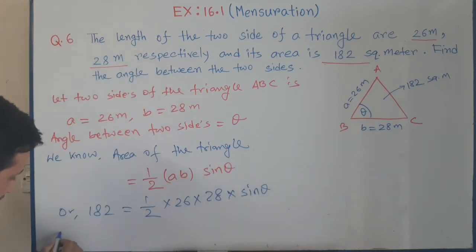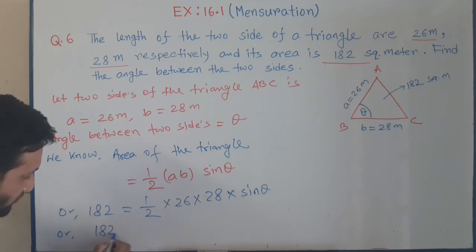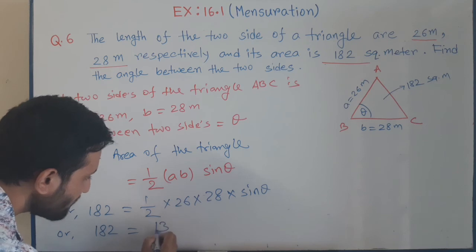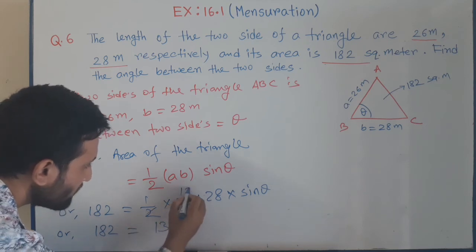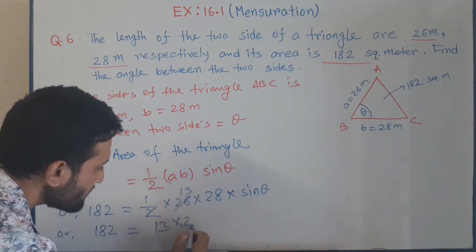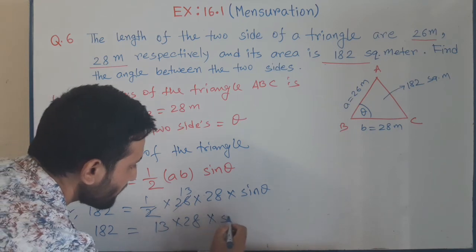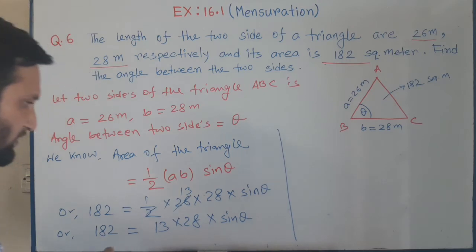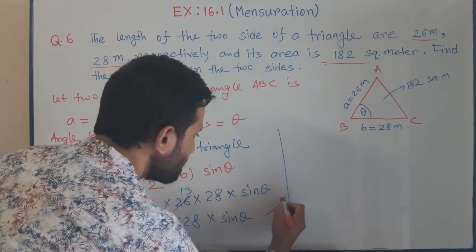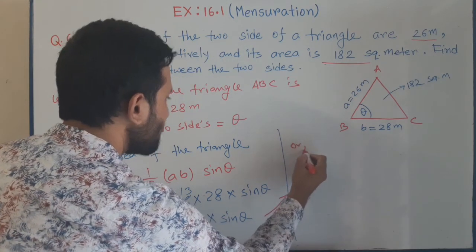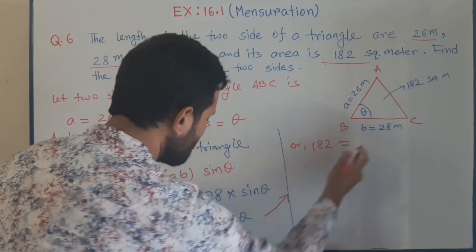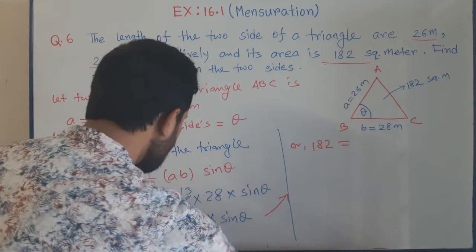Okay, now by simple calculation we can write 182 equal to half of 26, that means 13, into 28 into sin theta. So 182 equal to 13 into 28.